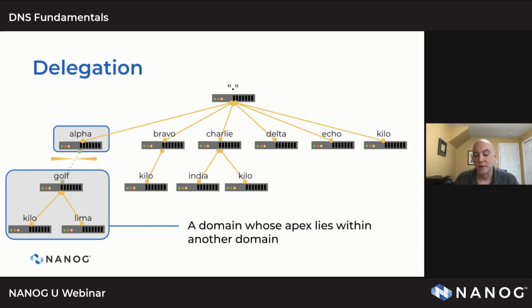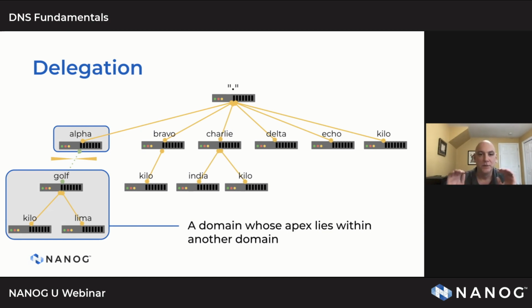It's called an NS record. It will exist in alpha for golf, and it points to golf's name server, for simplicity the one server sitting there serving authoritative data for golf, right? So again, this delegation is critical to the design, right?